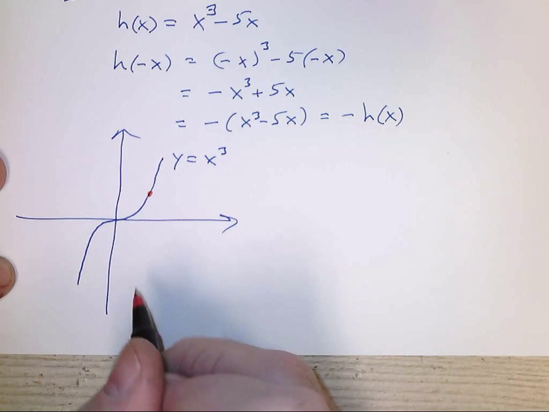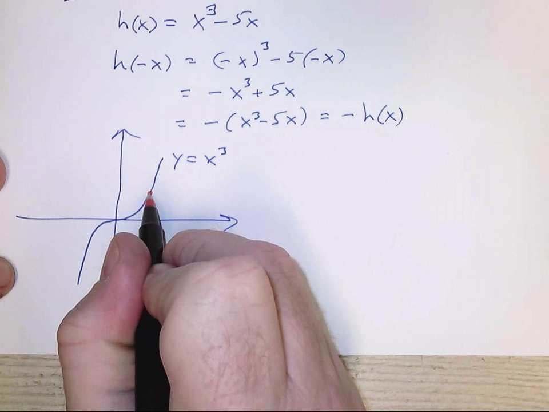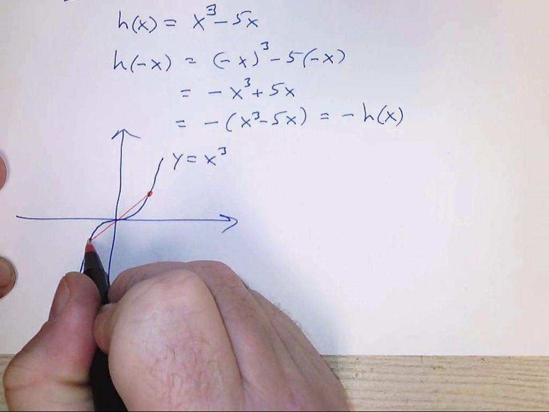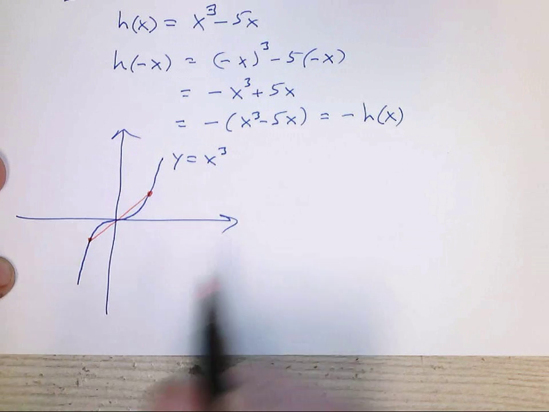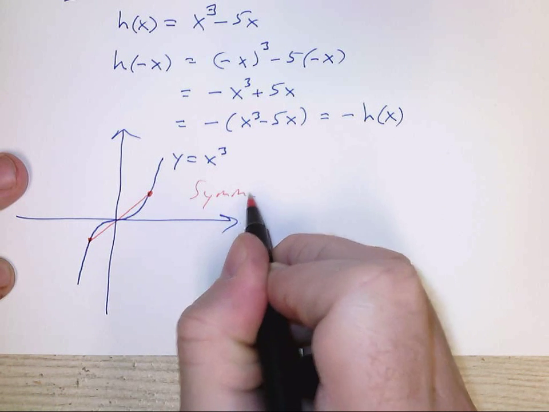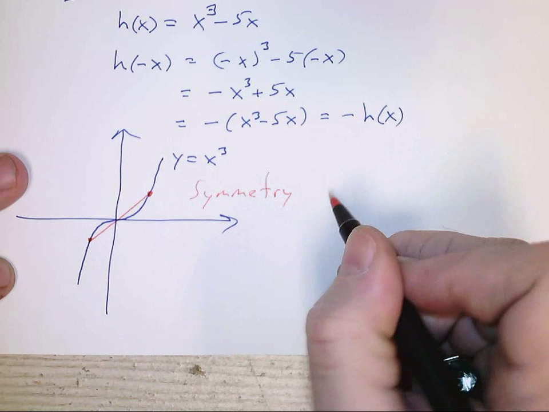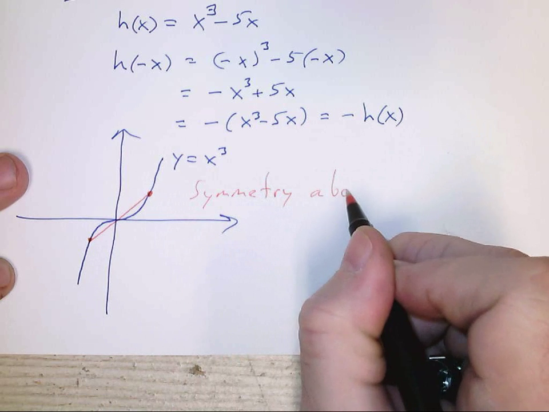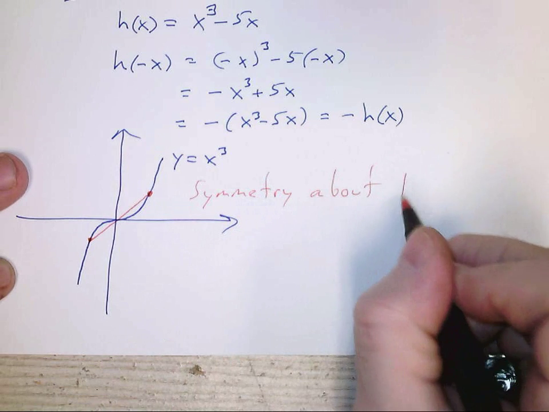So here, if I take this point here, and I go through the origin here, I have another point right on the other side. So we have symmetry about the origin.